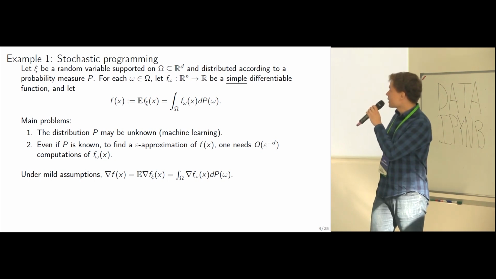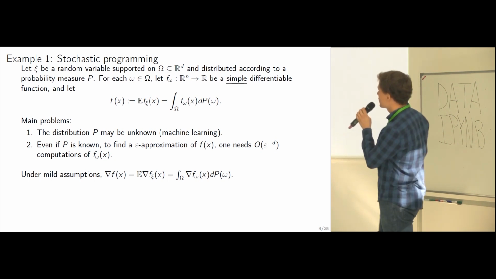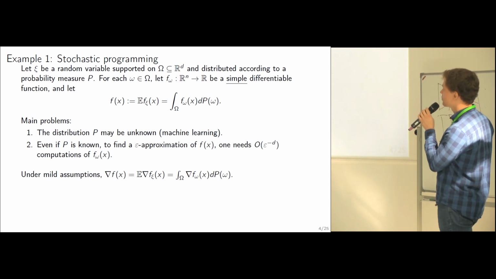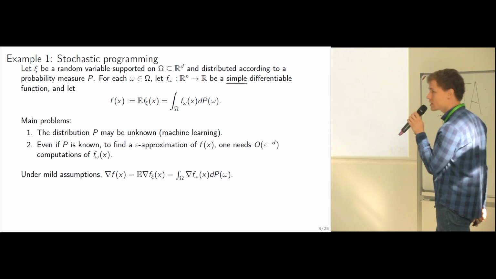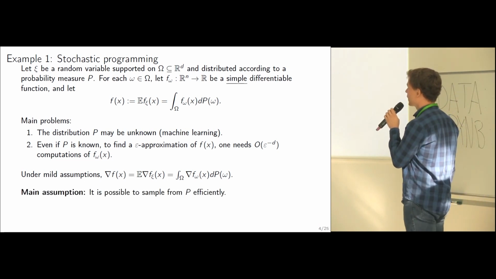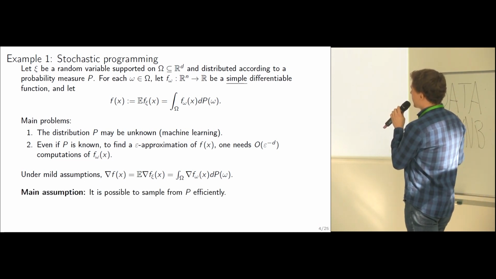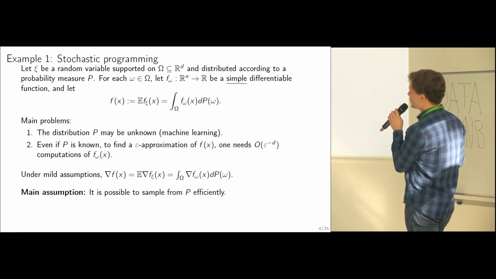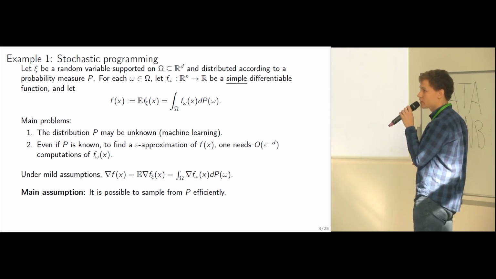However, if we compute the gradient of this function, under some mild assumptions, we can interchange the integration and differentiation. So we obtain this formula, and this formula provides us a simple way of generating a stochastic gradient for this function. Even if the distribution P is not known, like in machine learning, what we usually have are samples from this distribution.